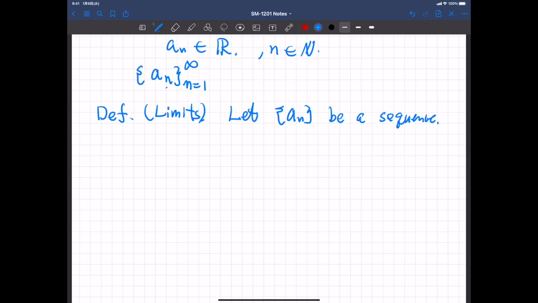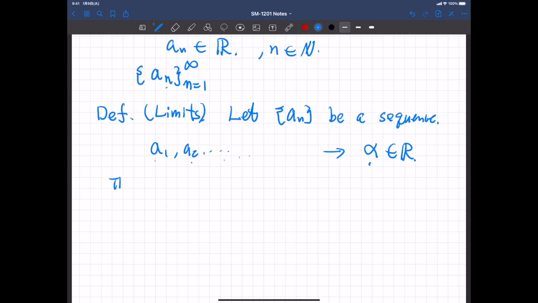And if an approaches arbitrarily close to a constant value, so these values a1, a2, and so on get closer and closer to a certain value that is a real number, a certain value alpha, then we call this alpha the limit of the sequence.